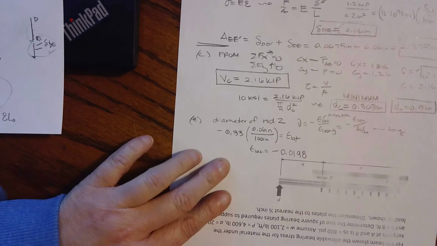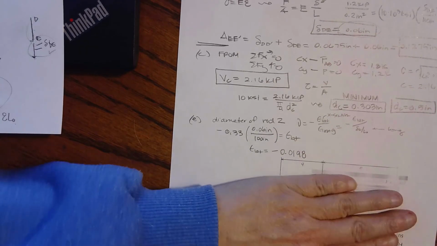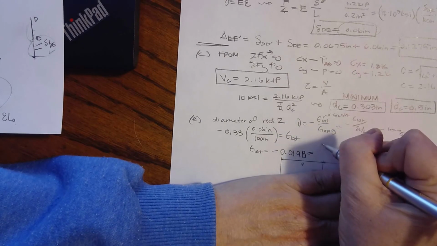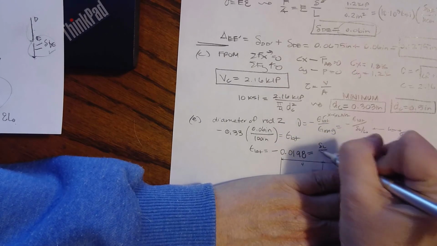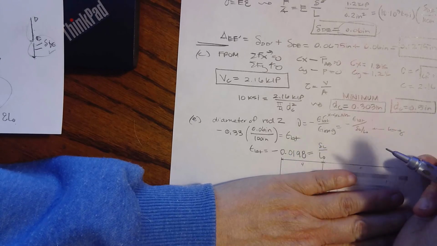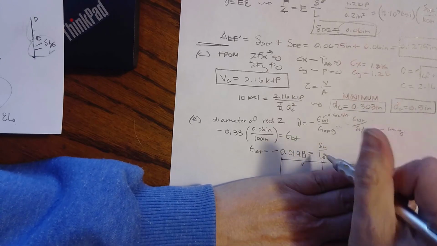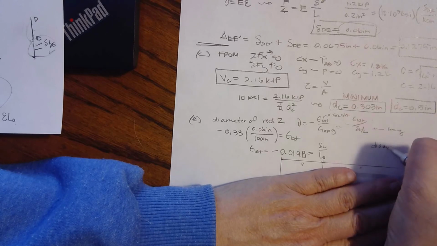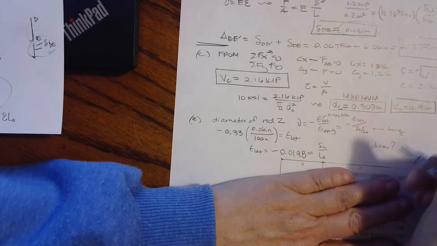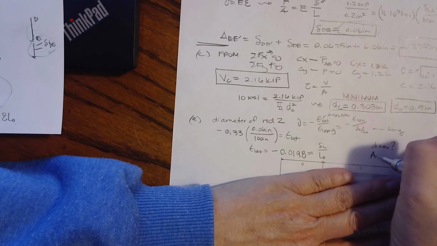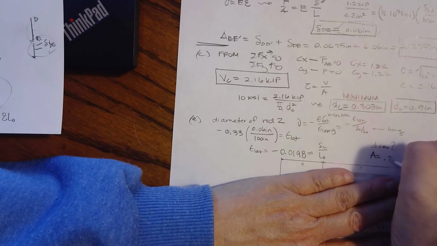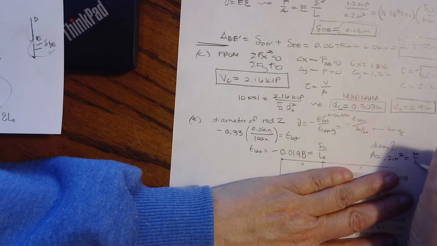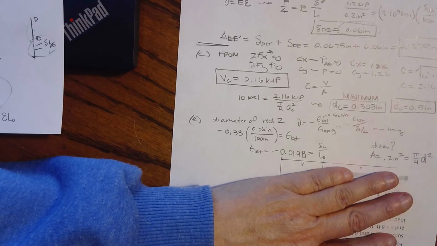0.0198. And what is, sorry, I'm reusing paper. What is strain? Strain is change in length over length. So we are looking at diameter. Was I given the diameter? I was not, but what was I given? I was given that the original area is 0.2 inches squared. And what is area? If it's a circle, pi over 4 d squared.